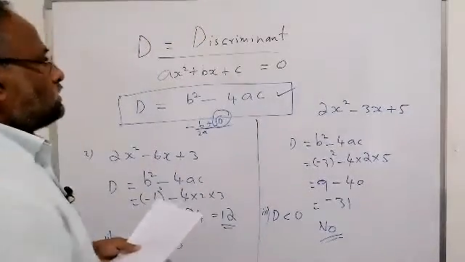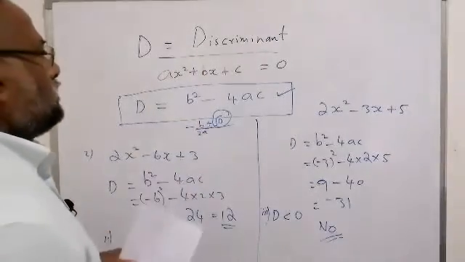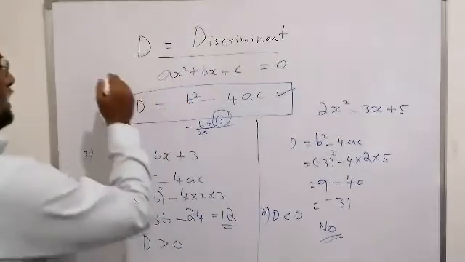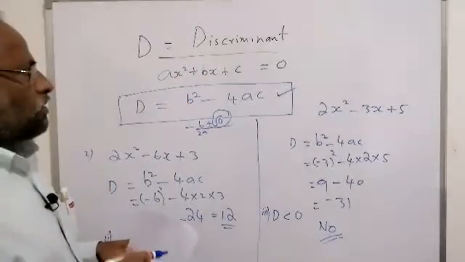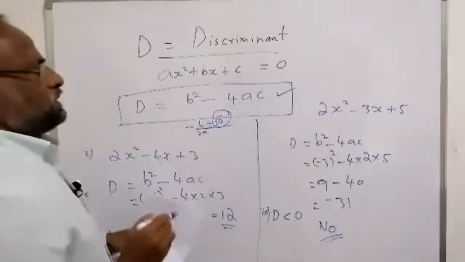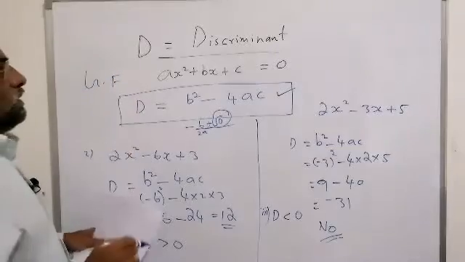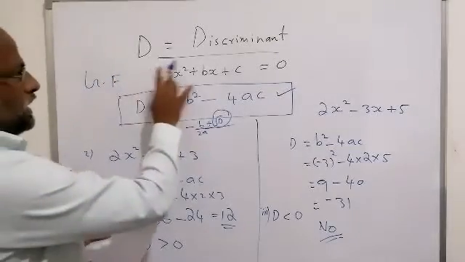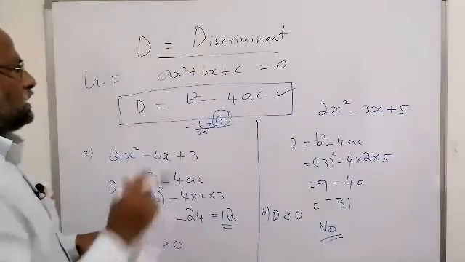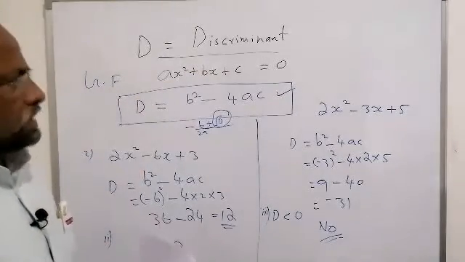Quadratic formula, write there. D is equal to discriminant. D is the discriminant. Then our quadratic equation, standard form, general form of quadratic equation: ax² + bx + c.